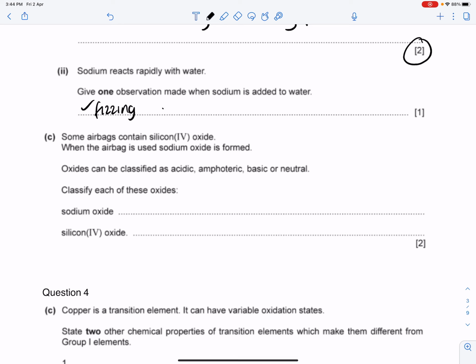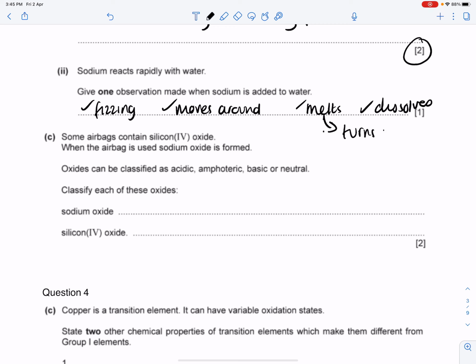We could say that it moves around on the water. We could say that it melts, that it dissolves as it does the chemical reaction. You could say that it turns into a ball.